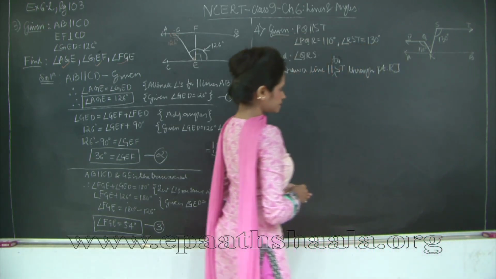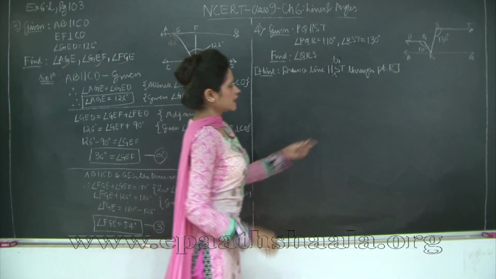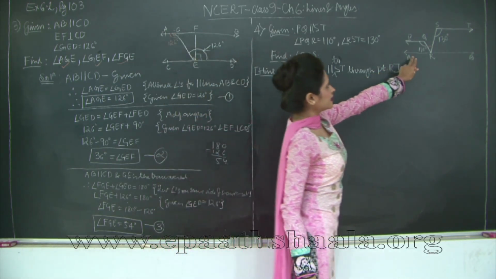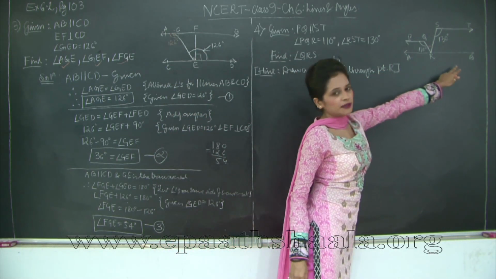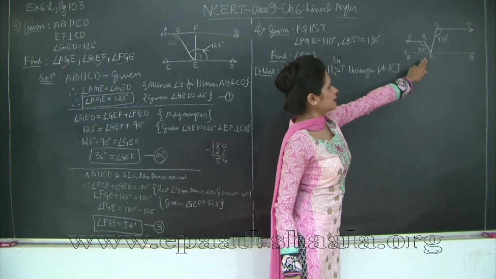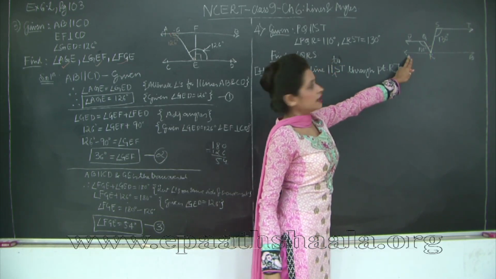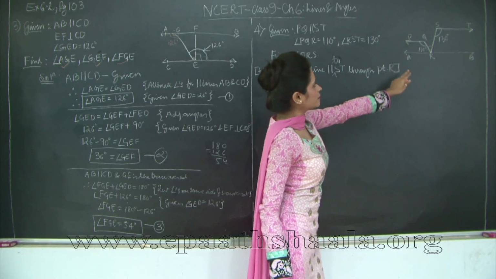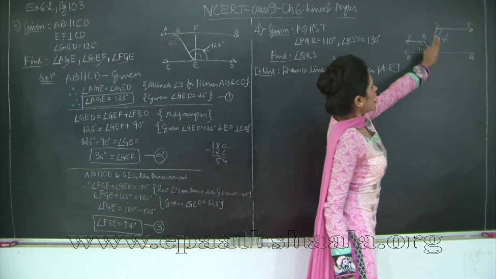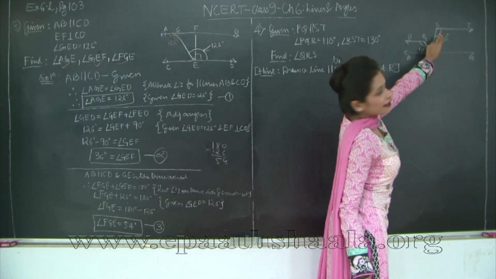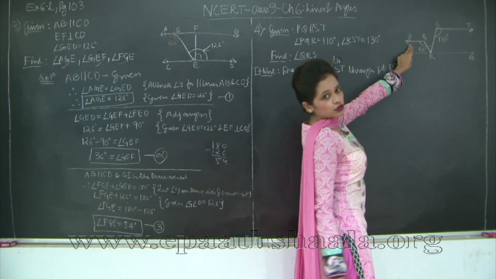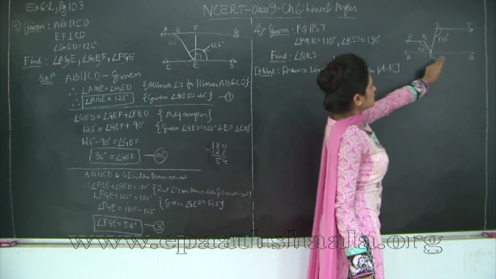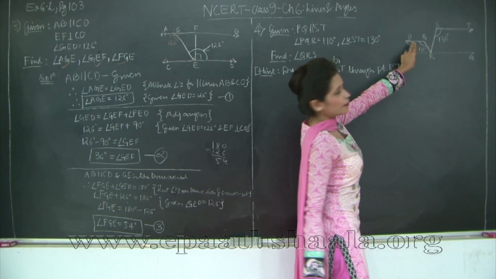Now let us draw a line RB parallel to ST and extend it on the left hand side as well. So what do we get? RB is parallel to ST and ST is parallel to PQ. Therefore, this entire line AB is also parallel to PQ.